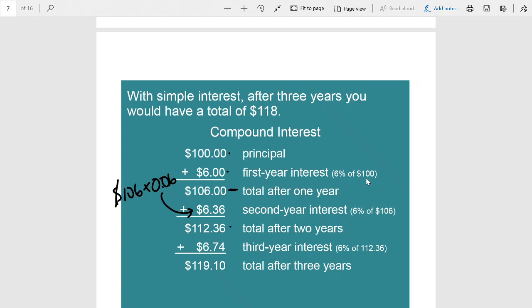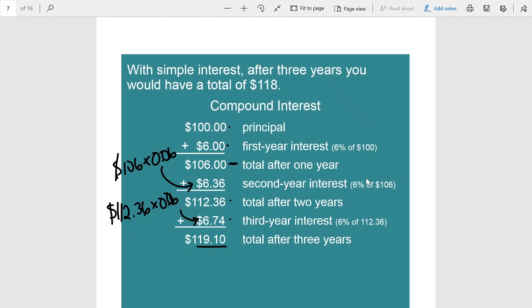So by the beginning of that third year, I have $112.36. After that, I take my $112.36 and find 6% of that, which is $6.74. Notice that we're growing slowly, but we do get a little bit more each year, so that by the end of that third year, I have $119.